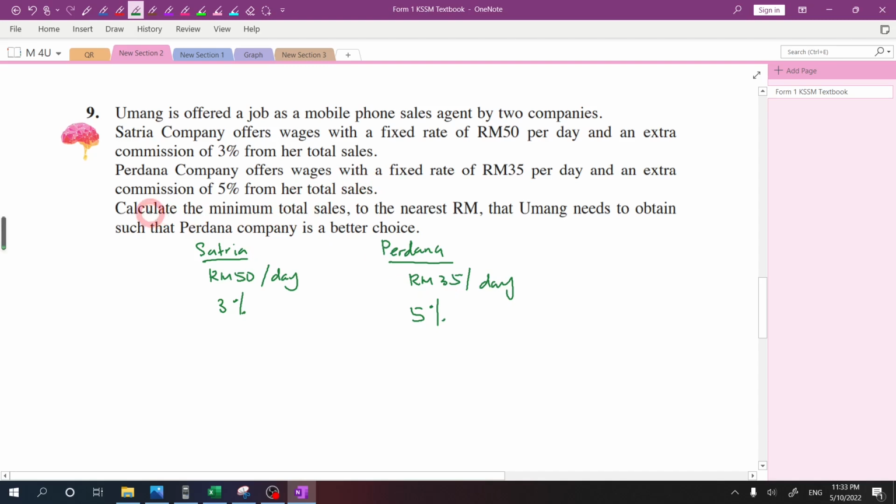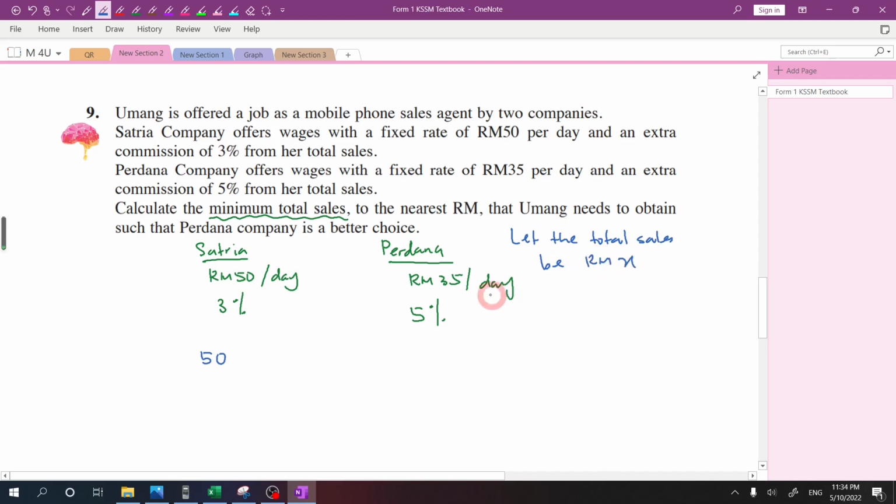Okay, the question is asking, calculate the minimum total sale to the nearest RM that Ubang needs to obtain such that Pradana company is a better choice. A better choice means that she must earn more. So try to think how we calculate the money earned in one day for Satya company. 50 plus, let the total sales be x.